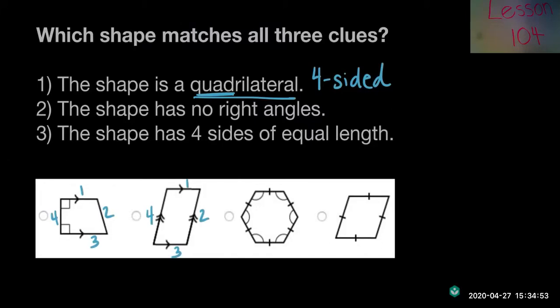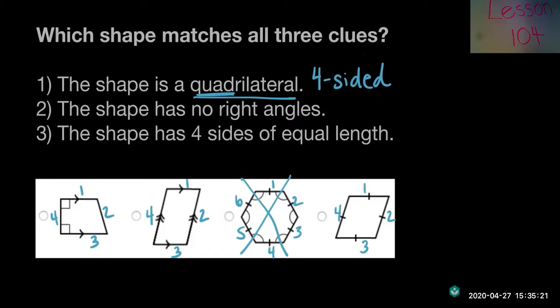Shape 3 has 1, 2, 3, 4, 5, 6 sides, so it is not a quadrilateral. It's a six-sided shape or a hexagon, so we can rule that one out. It doesn't match clue 1, so there's no way it can match all three clues. And finally, shape 4 has 1, 2, 3, 4 sides again, so it is also a quadrilateral.